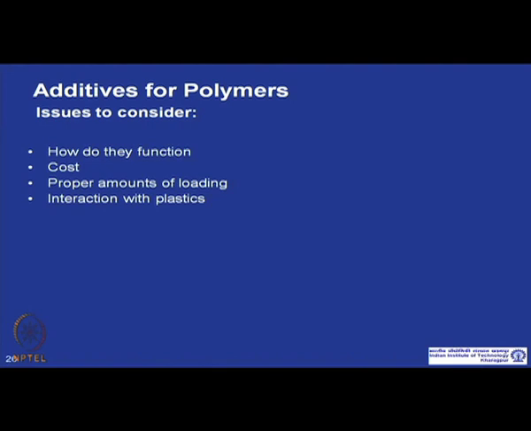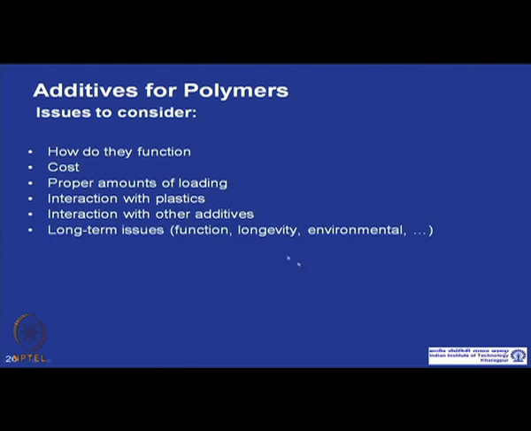How they interact with plastics, and interaction with other additives, as we said, when multiple additives are used at the same time. So, interaction with other additives is also important, and long term issues like how they function, their long term longevity and their effect in the environment should be considered.